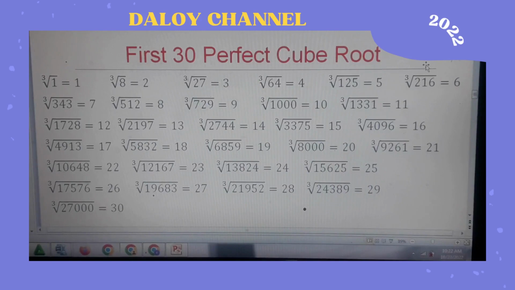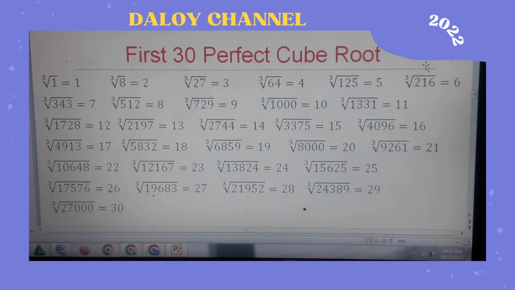Next to 1 is 2, because 2 times 2 times 2 is 8. Therefore, the cube root of 8 is 2.